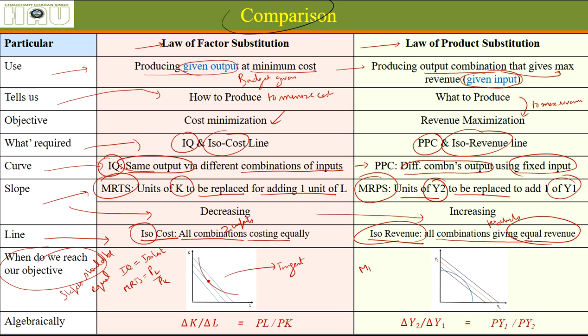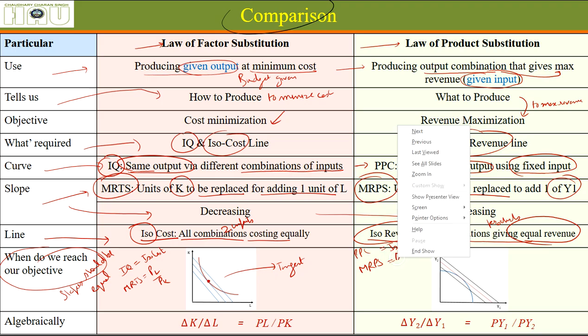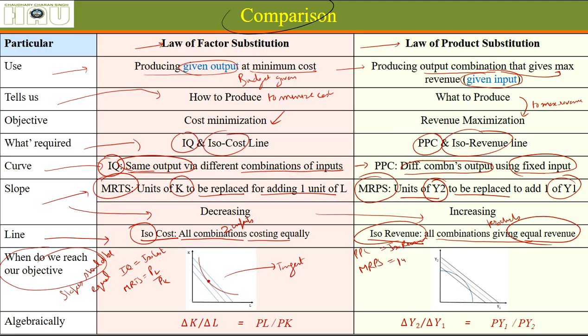Here the slope of PPC, that is MRPS, should be equal to the slope of ISO revenue line, that is PY1 divided by PY2, which will happen when PPC is tangent to the ISO revenue line. Algebraically, MRTS will be written as delta K by delta L equal to PL by PK. Here it will be stated as delta Y2 by delta Y1 equal to PY1 by PY2.